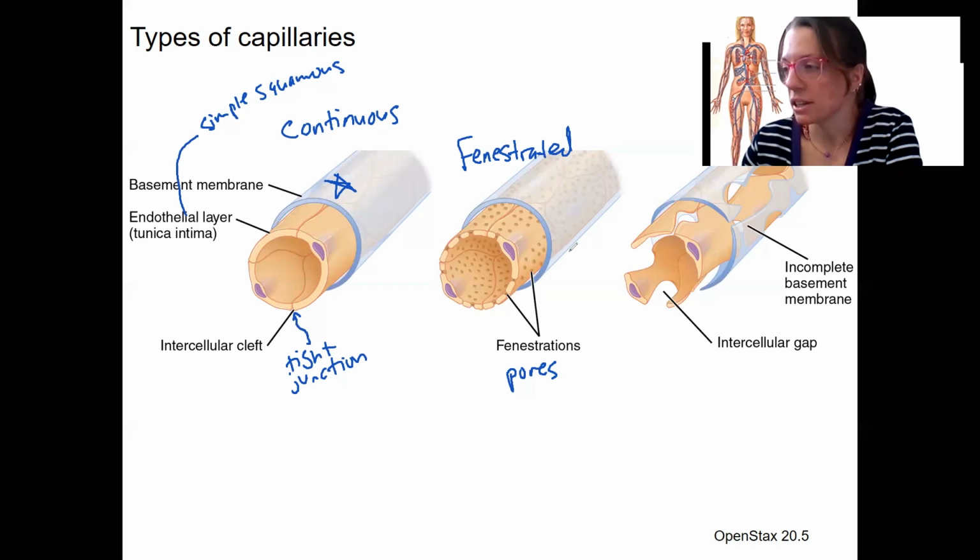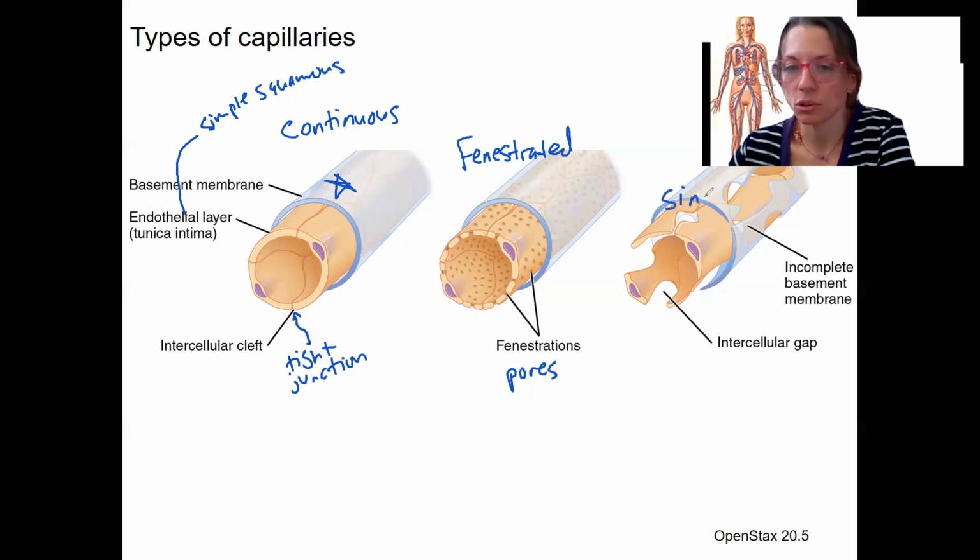They're also present in small intestine for absorption of nutrients and the kidney. And we'll see that it's in the kidney when we talk about kidney filtration, going from blood to the production of filtrate to form urine. So more permeable.